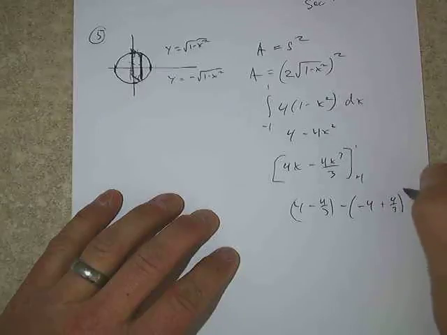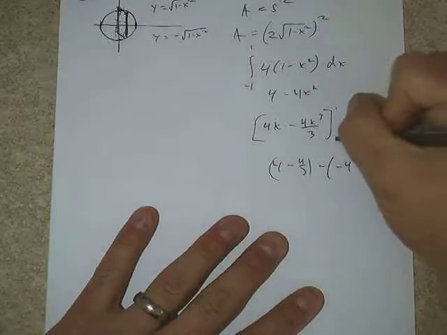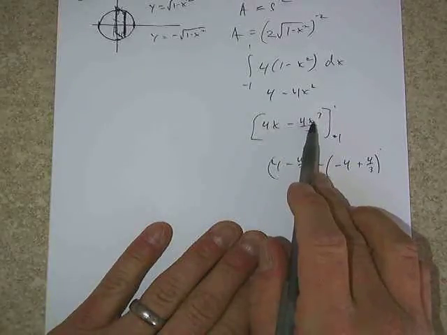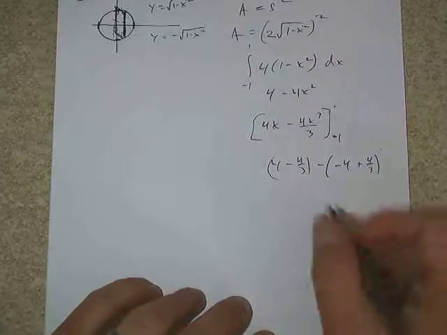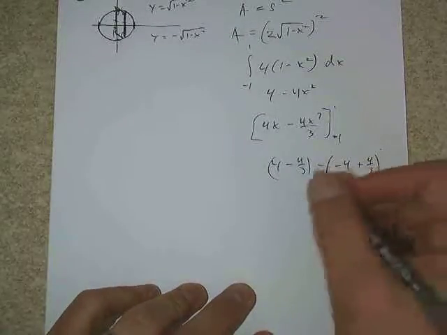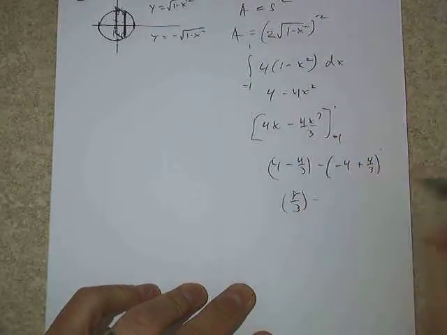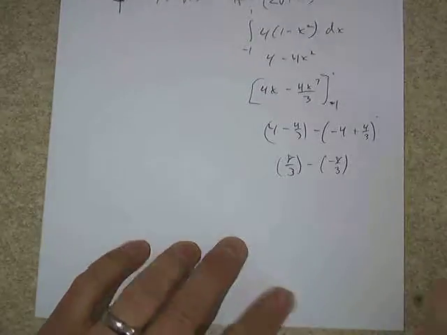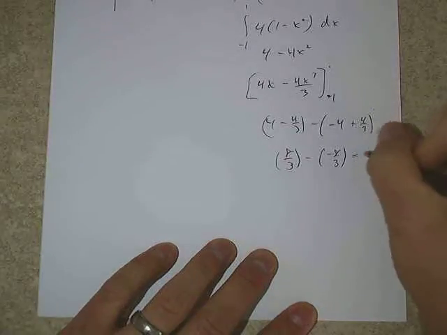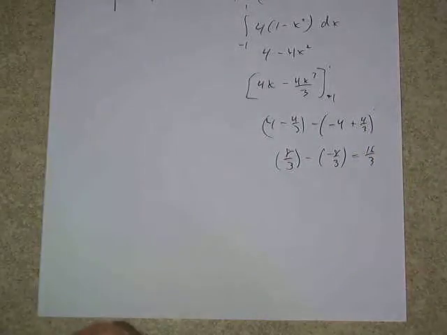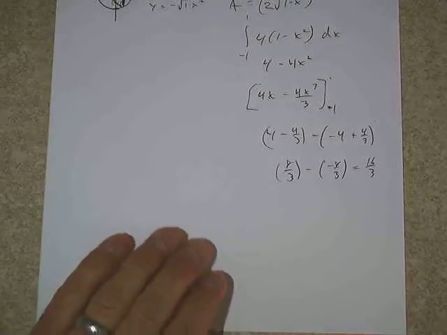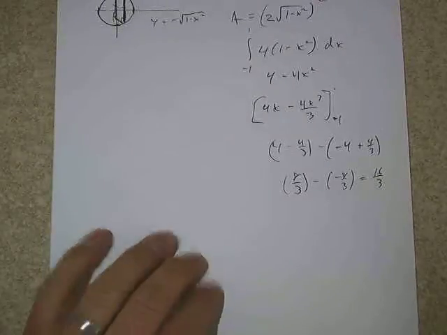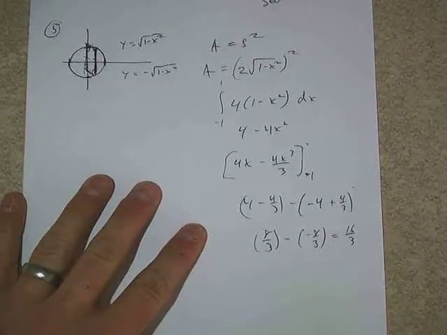And then the -1 in there would give us -4 plus 4 thirds. 4 would be 12 thirds, so we'd get 8 thirds out of the first parentheses. And out of the second parentheses we'd have -8 thirds. And ultimately, subtracting again would give us our 16 thirds. That would do it.